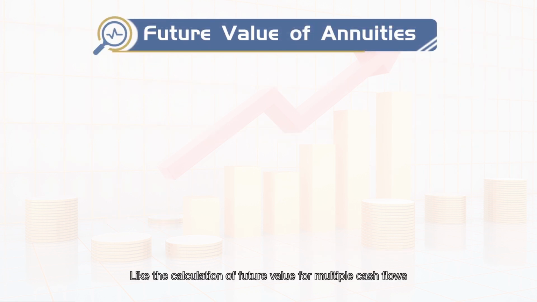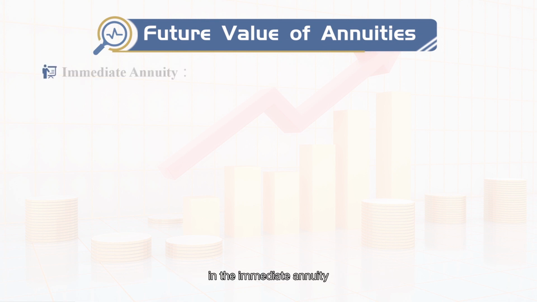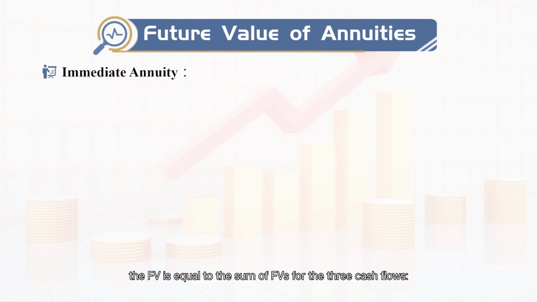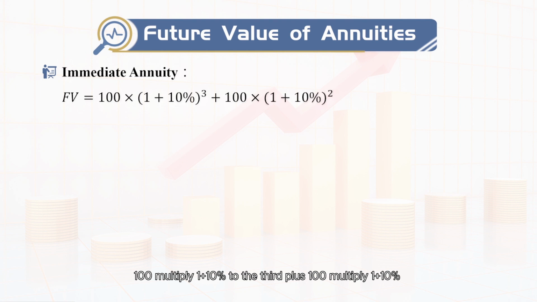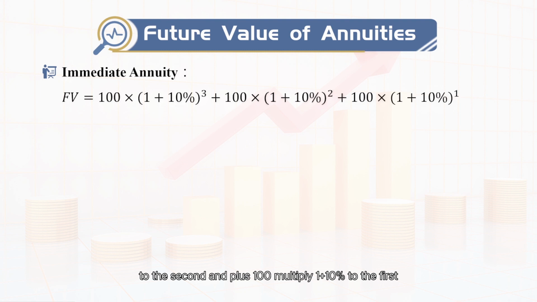Like the calculation of future value for multiple cash flows, in the immediate annuity, the FV is equal to the sum of FVs for the 3 cash flows: 100 multiplied by 1 plus 10% to the third, plus 100 multiplied by 1 plus 10% to the second, plus 100 multiplied by 1 plus 10% to the first.